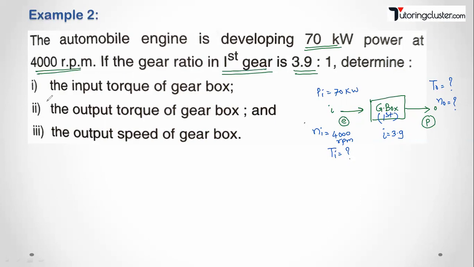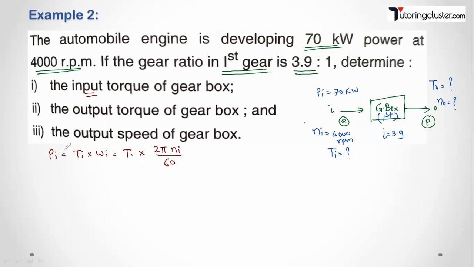So first is what? Input torque. कैसे निकालते हैं आप इनपुट टॉर्क? हमें पावर का फॉर्मूला पता है, TI into omega I, which is equal to TI into 2 pi N upon 60.